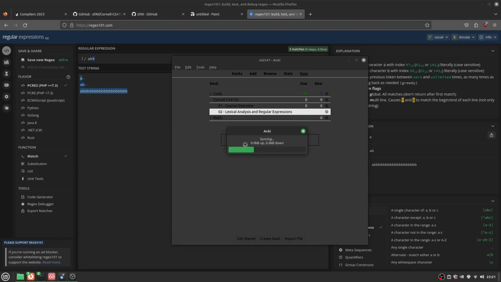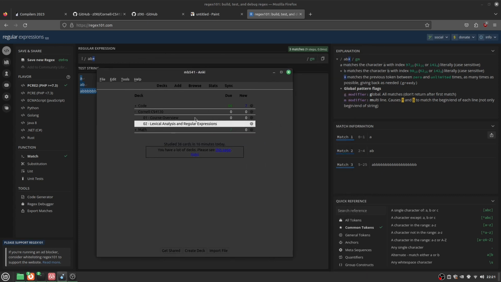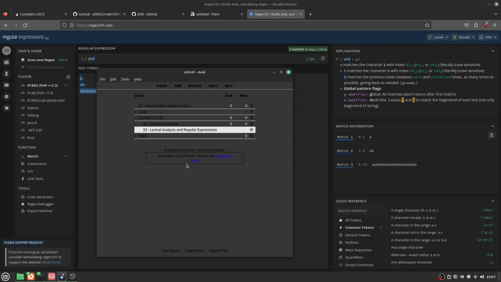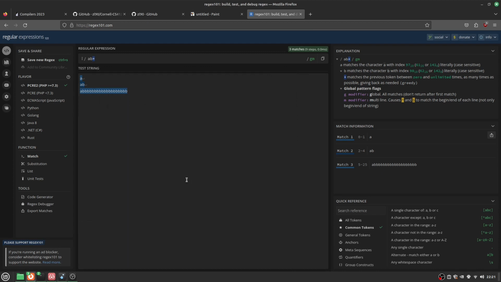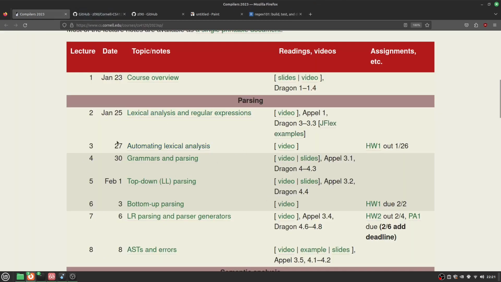Sync that up. So we're now on lecture 3, which is automating lexical analysis.